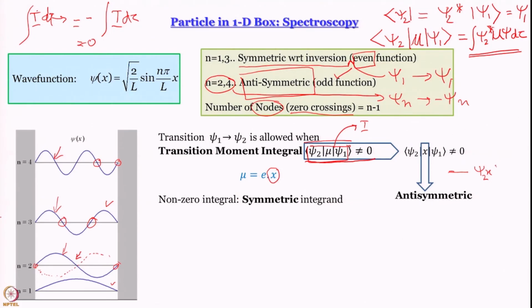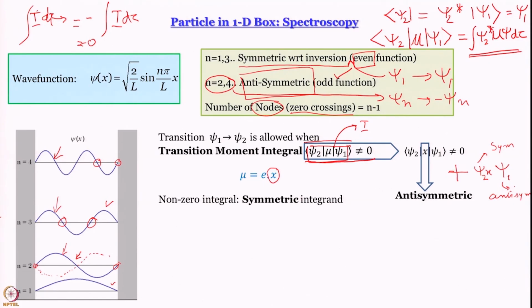Only when psi is antisymmetric. So, if psi 2 is symmetric, psi 1 would better be antisymmetric. Sorry for my horrible handwriting. Then what will happen is that due to x you have a minus sign, due to psi 1 also you have another minus sign, and the whole thing becomes plus.